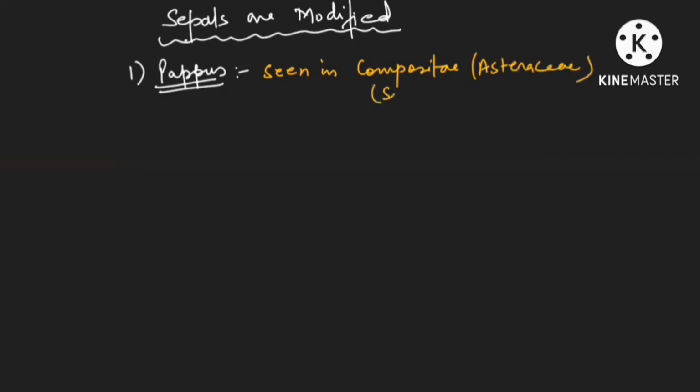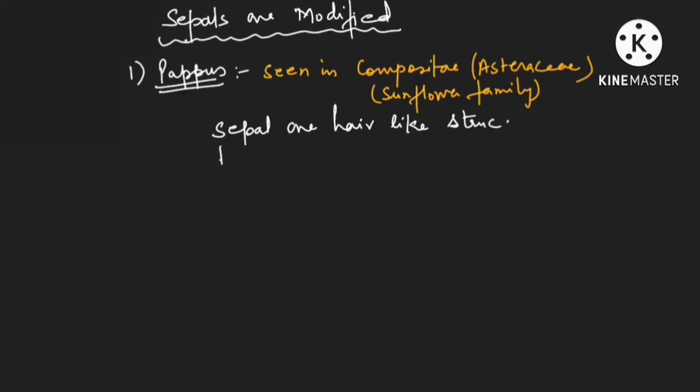So the sepals become hair-like structures, known as pappus, and they help in dispersal of the fruit.